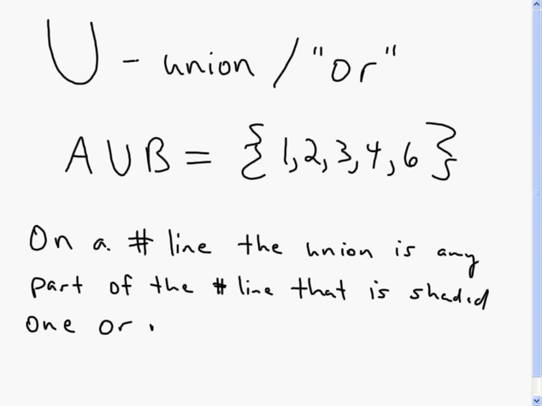So if it's shaded one time or 2 times or 3 times or whatever, but in this case it's just going to be 1 or 2 times. Anywhere that's shaded once or more than once, that part is included in the union of those two. So let me give you an example with some sets.